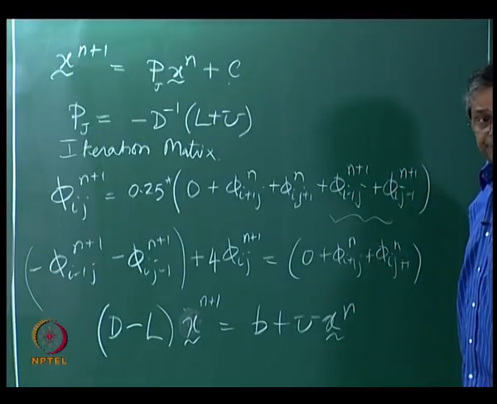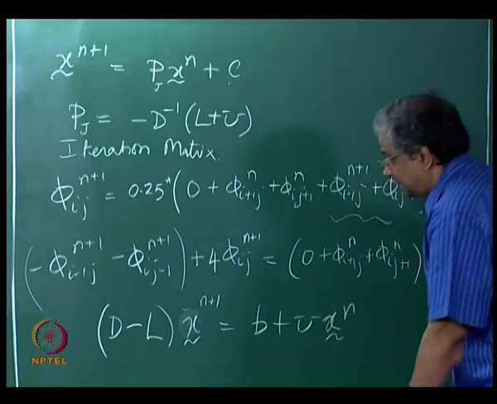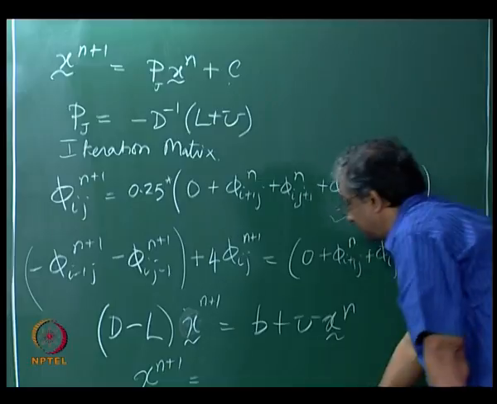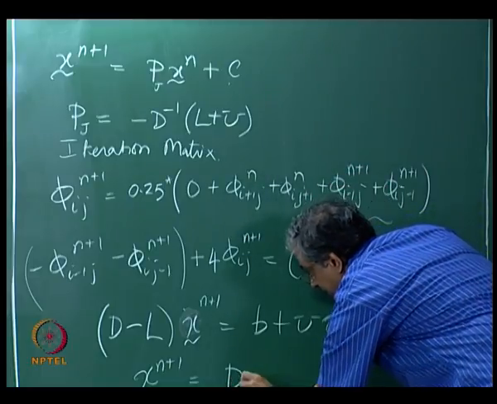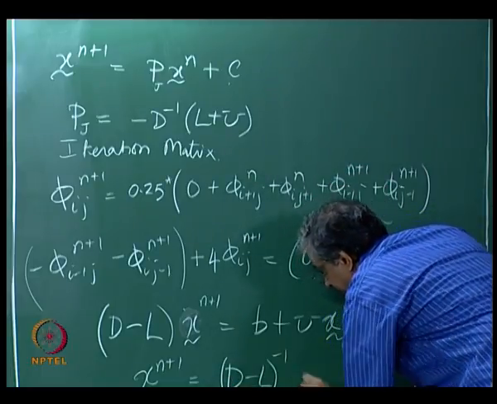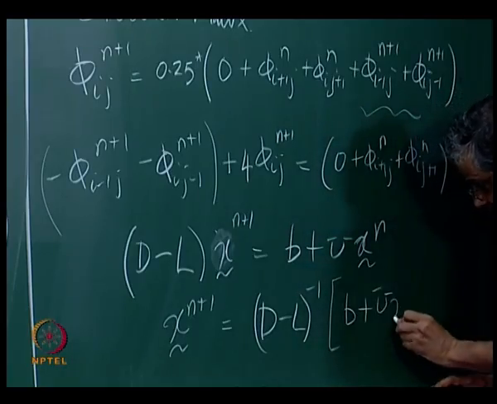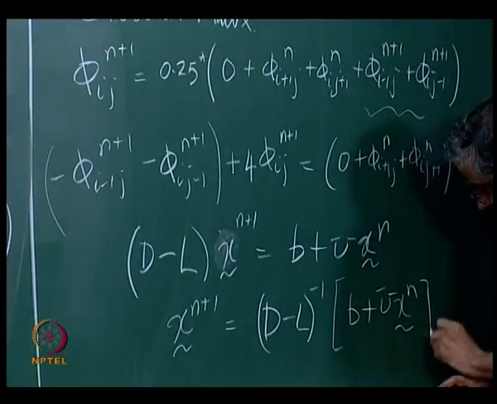Is that fine? So Gauss Seidel turns out to be xn plus 1 equals D minus L inverse times B plus U xn tilde.